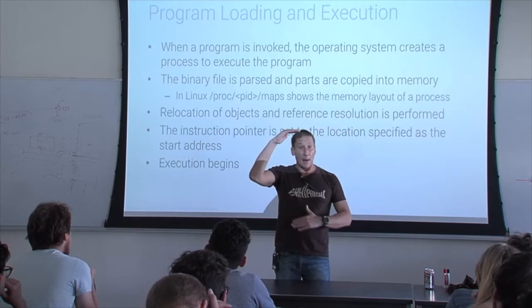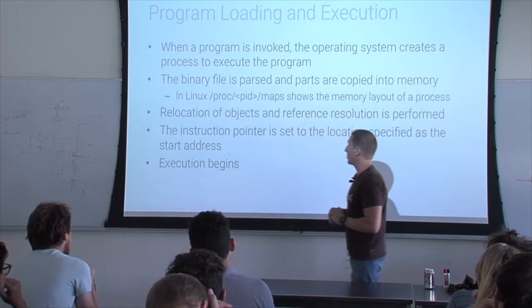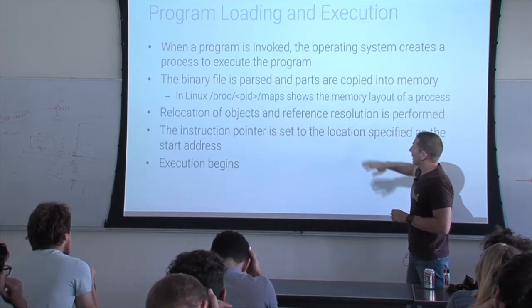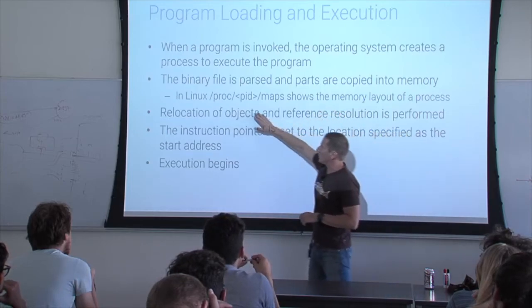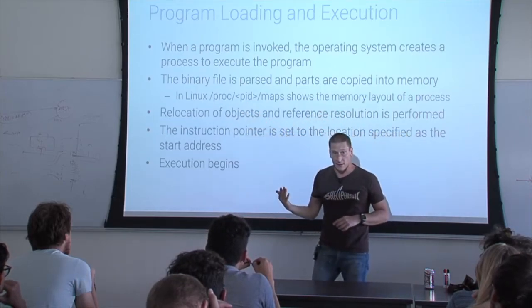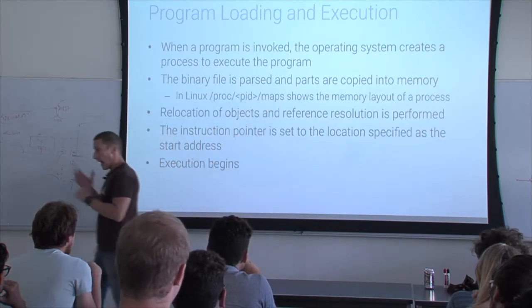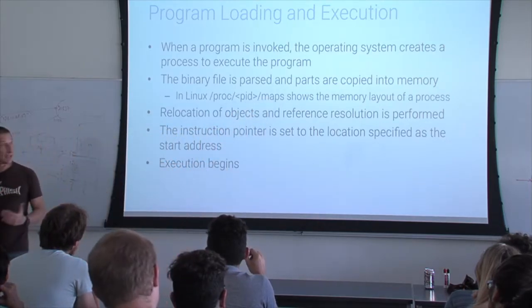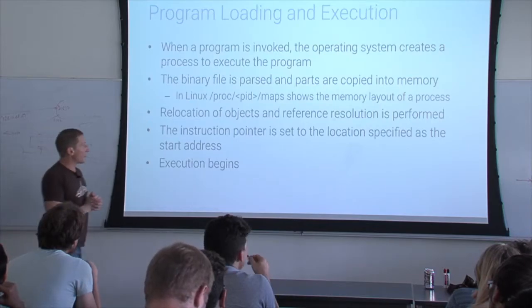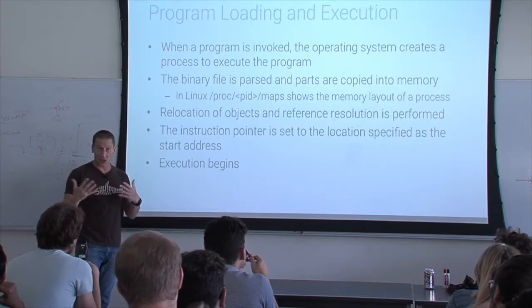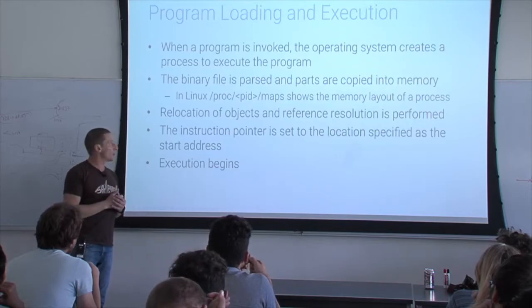It will create a process image for that particular file. If you're interested, in Linux, if the proc file system is enabled, looking at the maps shows exactly what the layout in memory is. This can be very useful sometimes to debug and understand what's going on.